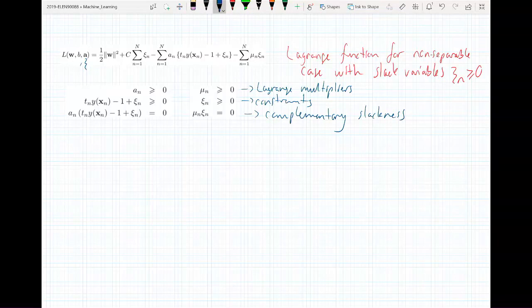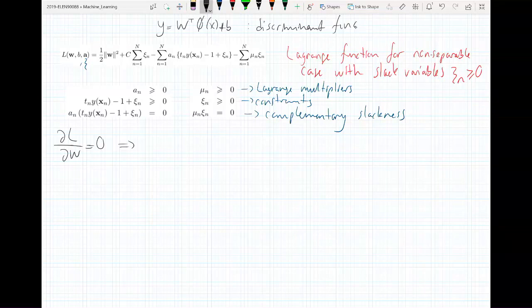So then I need to write del L over del w equals 0. I also know that y equals this, the discriminant function. That's what we are trying to find. Once we know w and b, then we are done.